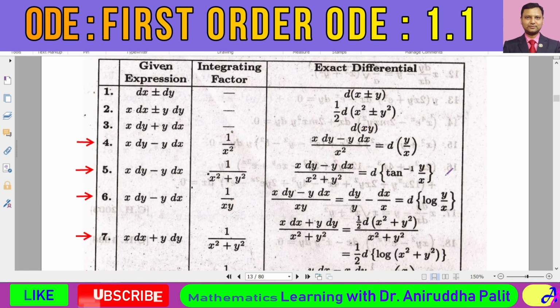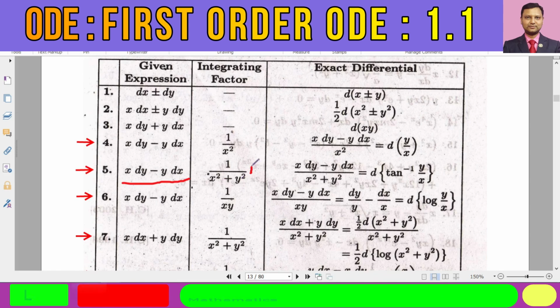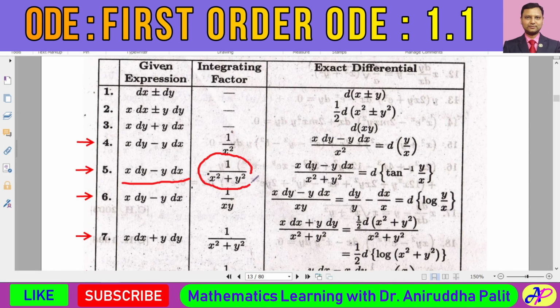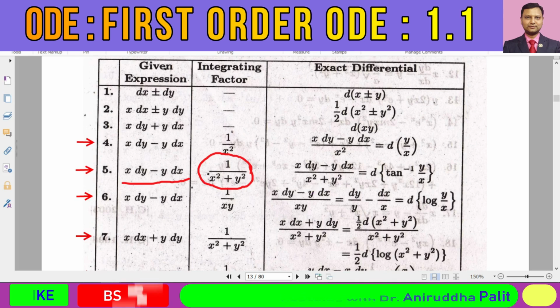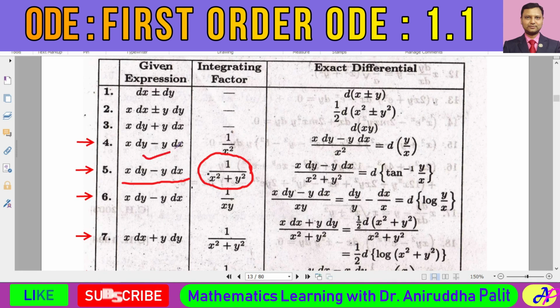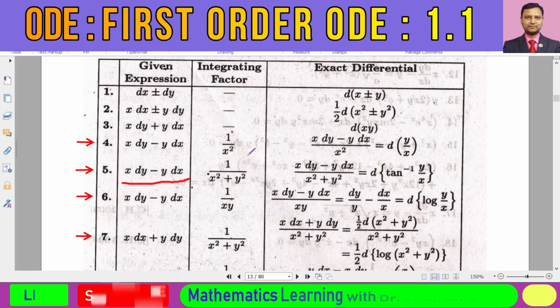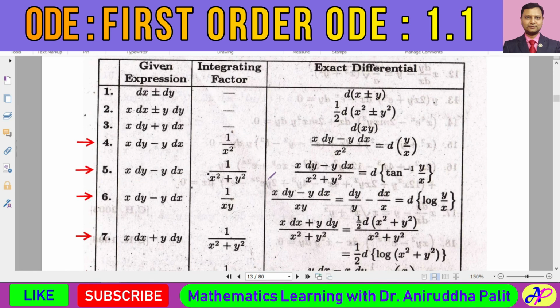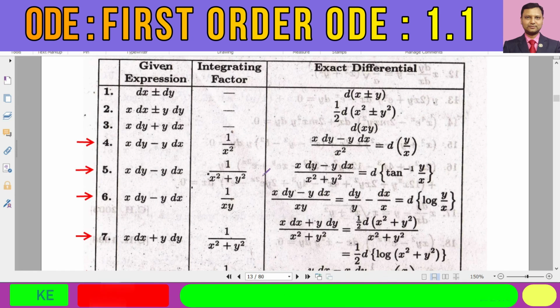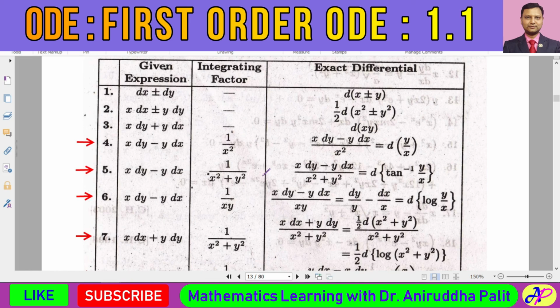But sometimes, depending upon the problem, we need to multiply this expression by 1 by x square plus y square. So these two expressions are the same, but the integrating factor might be different depending upon the other terms involved in that differential.